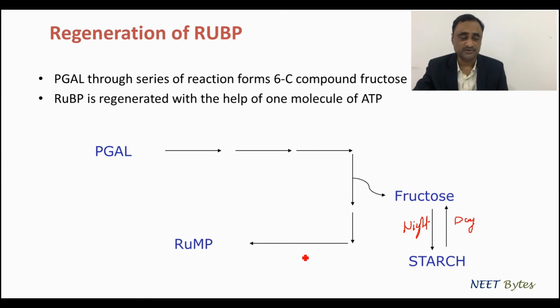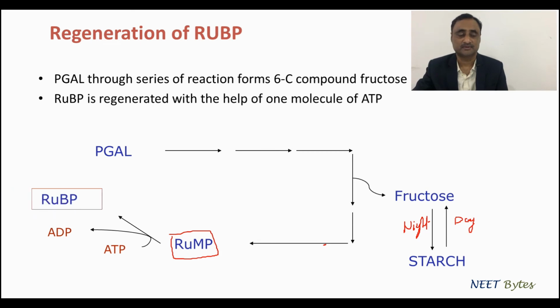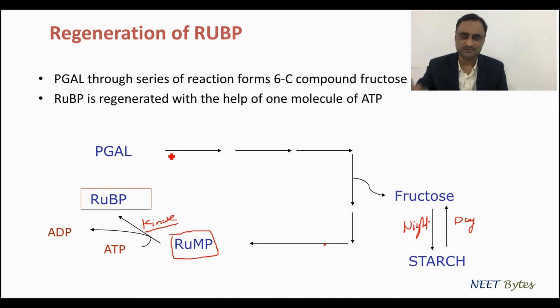This ribulose monophosphate, again with the help of the enzyme kinase, forms ribulose bisphosphate. So here again the kinase enzyme is there, right? Ribulose bisphosphate is again the CO2 acceptor. So this CO2 acceptor is generated, and the cycle keeps on going. This is all as far as the Calvin cycle.